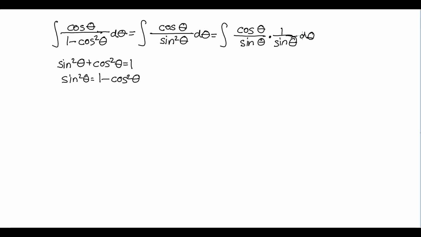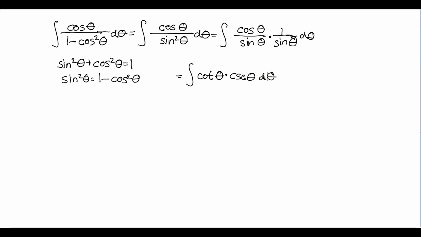And cosine of theta over sine of theta times 1 over sine of theta equals cotangent of theta times cosecant of theta. And if you remember, this is one of our integration rules.